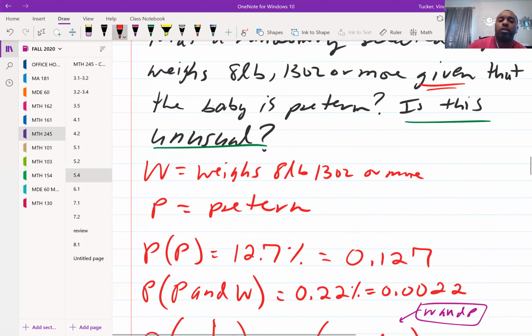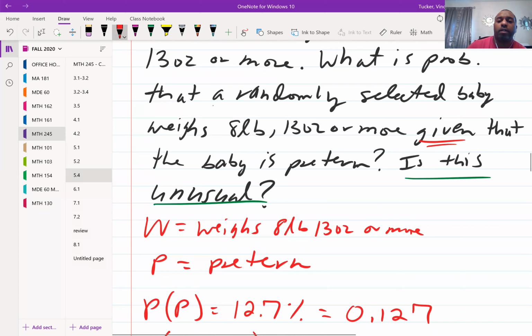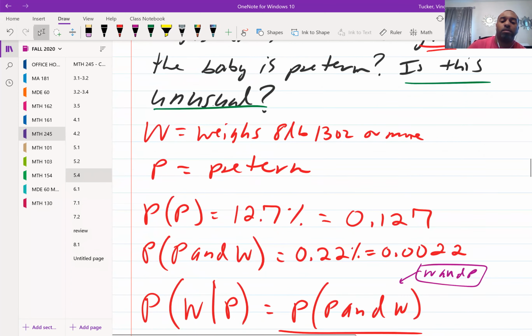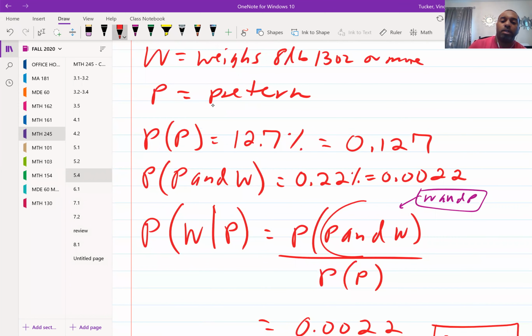So we wanted to know the probability of a randomly selected baby weighing 8 pounds, 13 ounces or more, given that the baby is preterm. Here's how we'll do that, just like before.